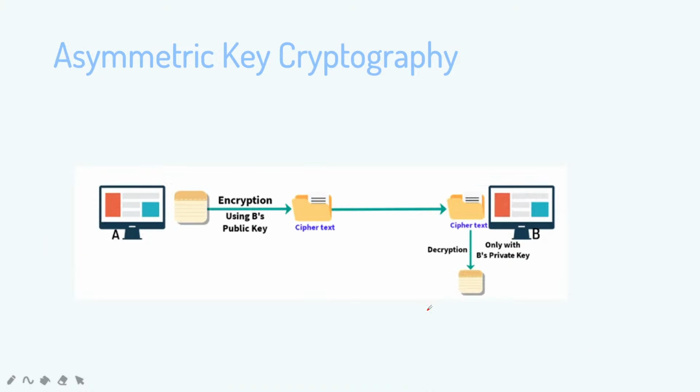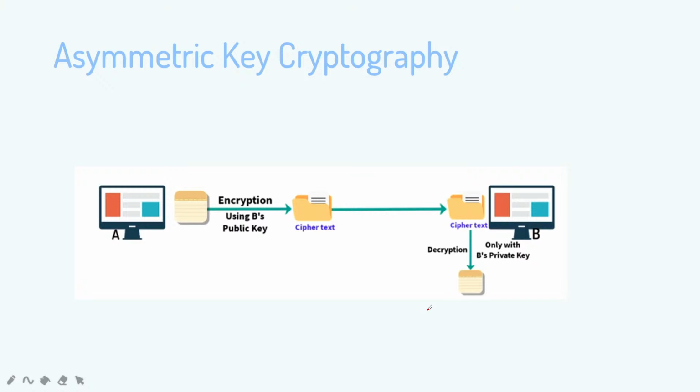But in asymmetric cryptography, it is totally changed. If you take a particular node, for example node A, it will have a public key and also a private key. Node B will have both a public key and a private key. Whenever I am encrypting my data, I will use the public key and convert it into ciphertext, and whenever I need to decrypt the data, I will use my private key.